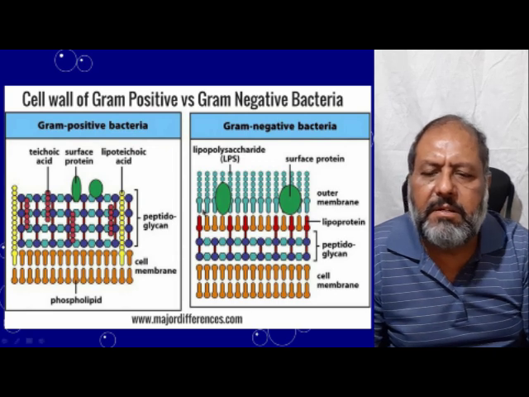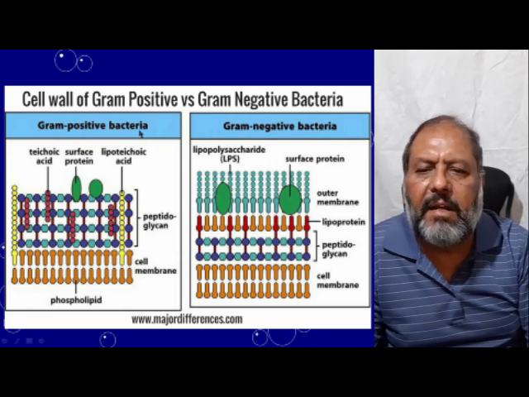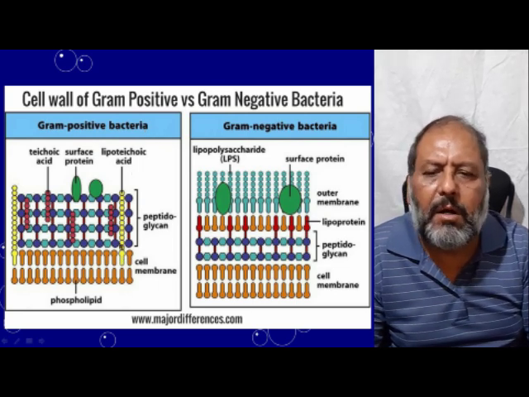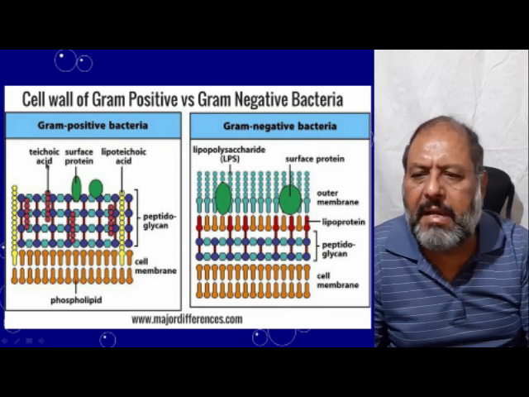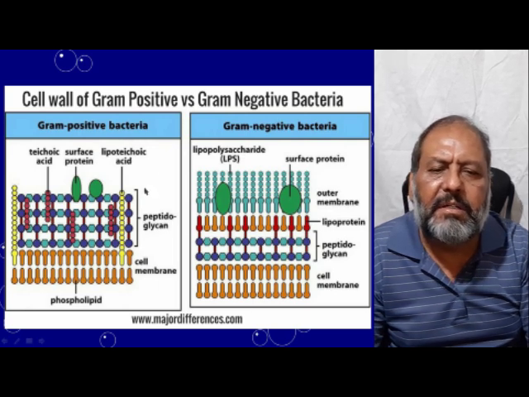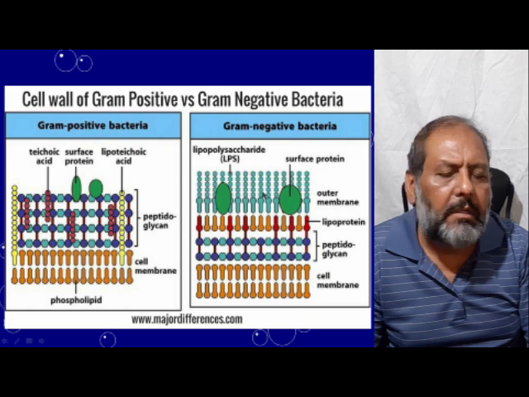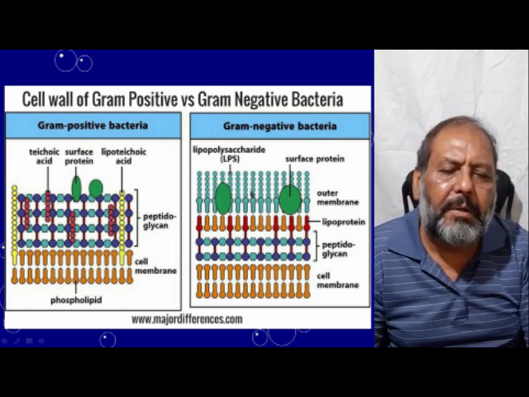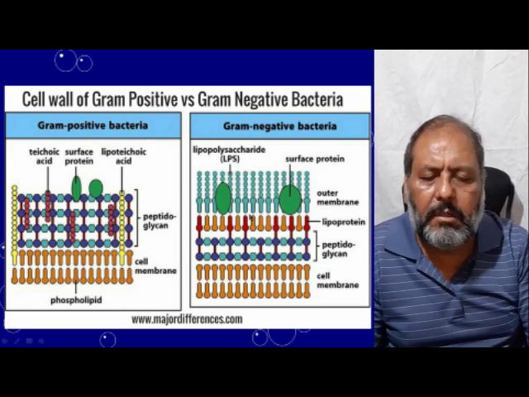Again, one can see the difference between the two cell walls. In the gram-positive bacteria, one can see the fibers coming out from the cell wall. These are the lipoteichoic acid fibers coming out in the case of the gram-positive bacteria, and in the case of the gram-negative bacteria, instead of the teichoic acid there is a lipopolysaccharide layer, which will be detailed in the next few slides.